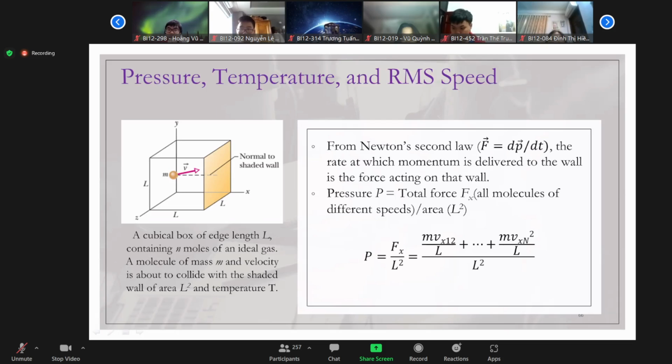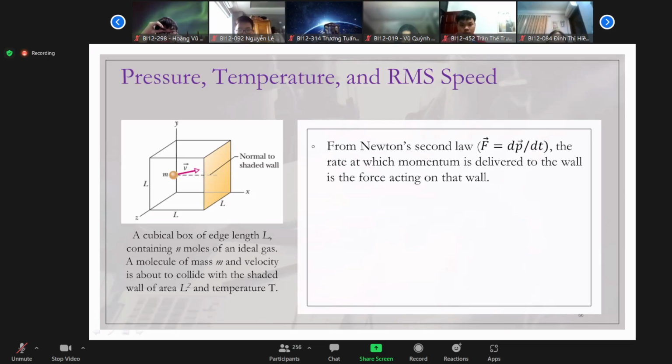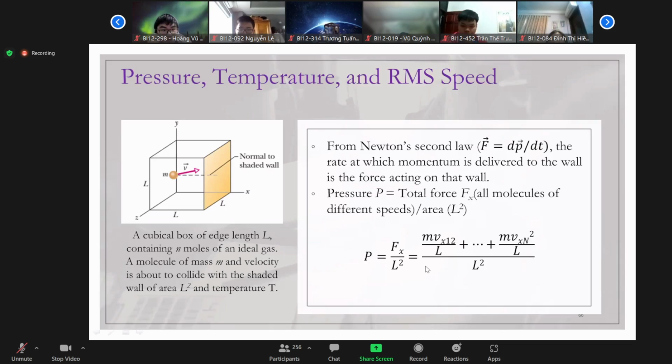Then we just replace the force with this expression. Then all the forces, we write it down. So we have the total of all forces applied on an area, and this gives us the pressure. Here I apply only the mechanics. If we rewrite it, we can have this one.